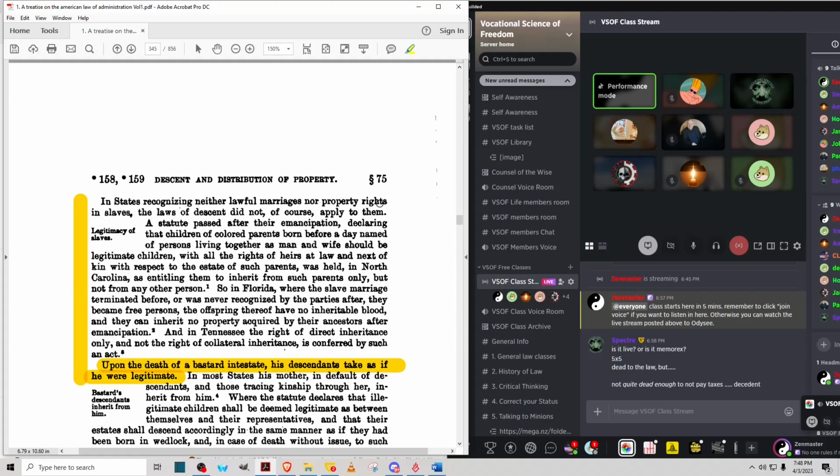In states recognizing neither lawful marriages nor property rights in slaves, meaning the slaves don't have any property rights at all, and the states didn't recognize lawful marriages, the laws of descent did not, of course, apply to them.